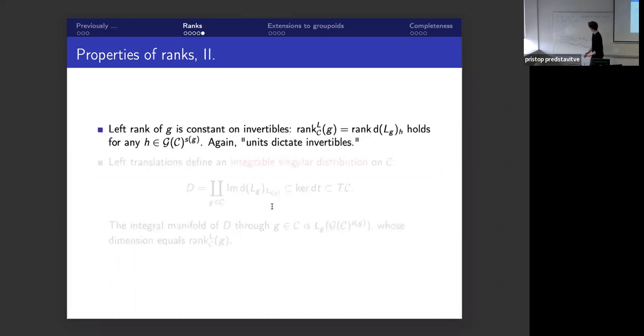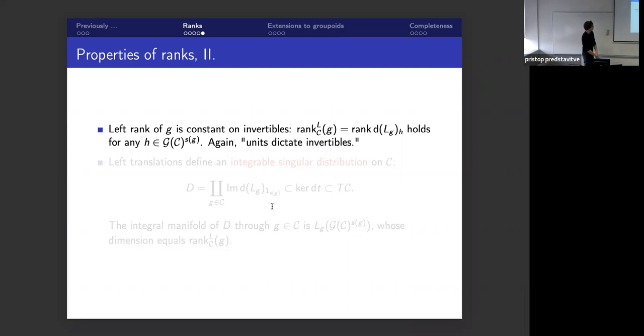All right, so let's continue with these properties of ranks. The first of these two, the one that's on the board right now, is saying that it doesn't matter at which invertible element you measure the rank of a morphism.